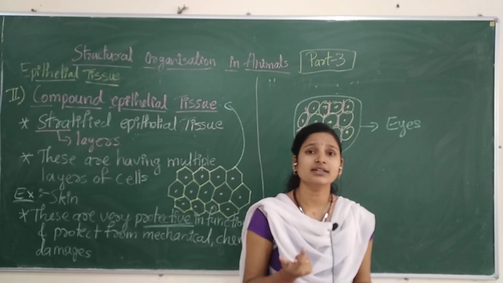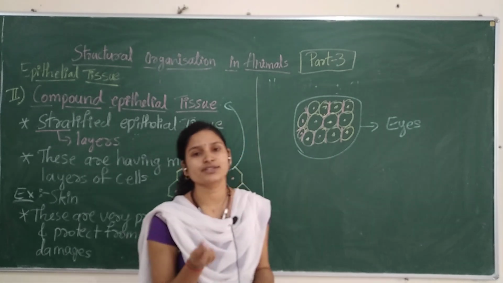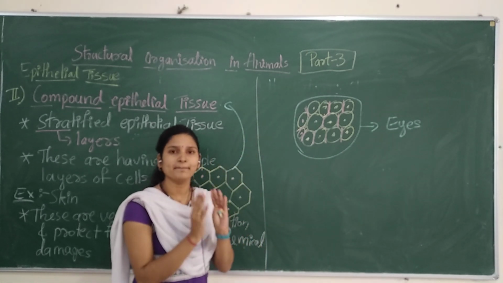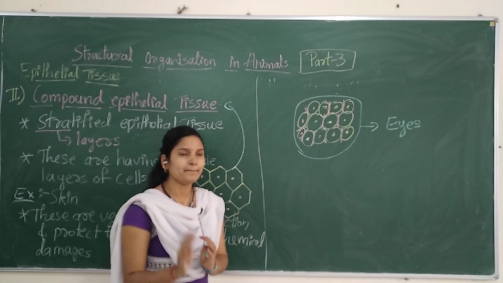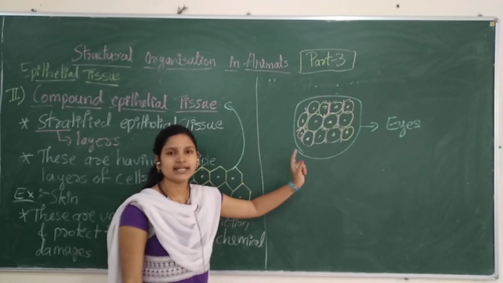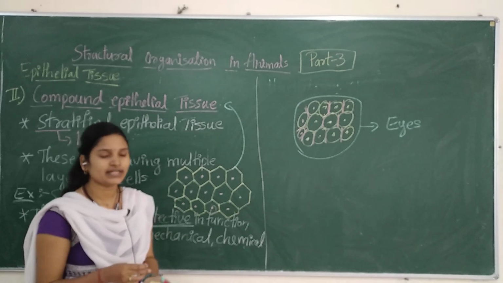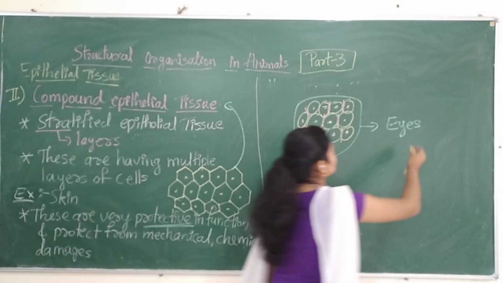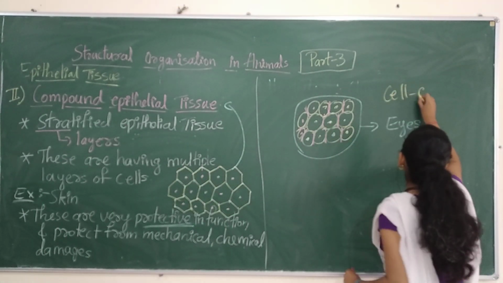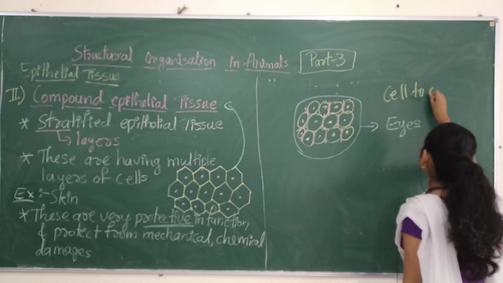Many factors are also important, many chemicals or particular substances present in that particular part only. But the cells are going to interact with one another, and this type of interaction we call cell to cell interaction.